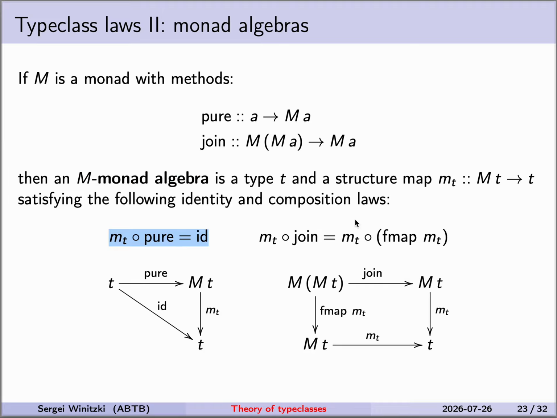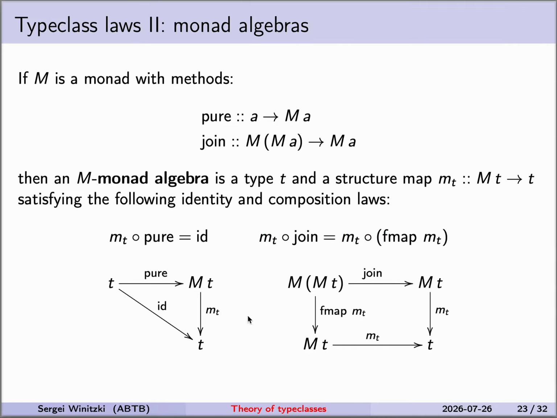So it's not just that you have this function. For a functor algebra, that's sufficient. For a monad algebra, it's not sufficient. So you do need to have the structure map, and also you need these two laws to hold, the identity law and the composition law.